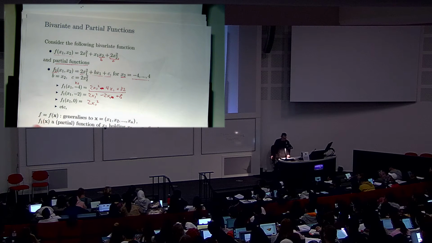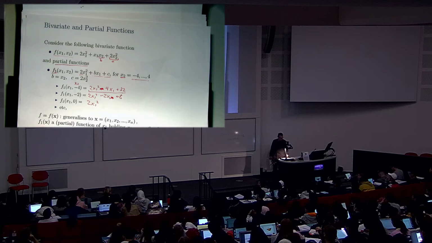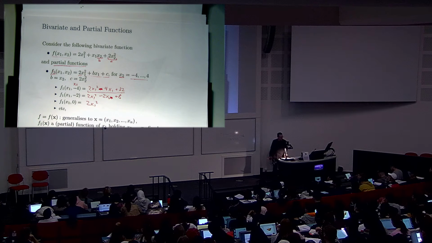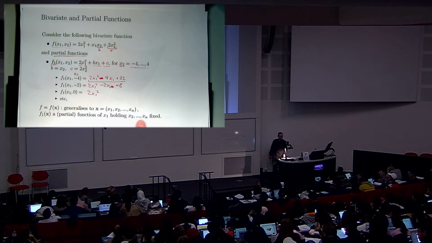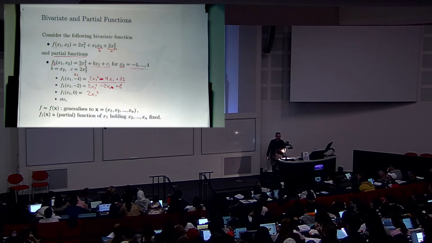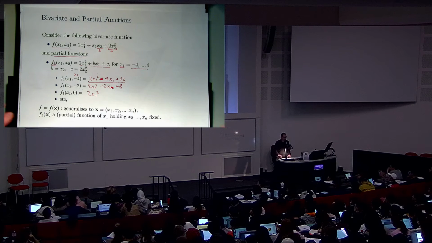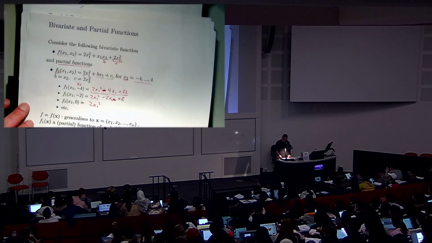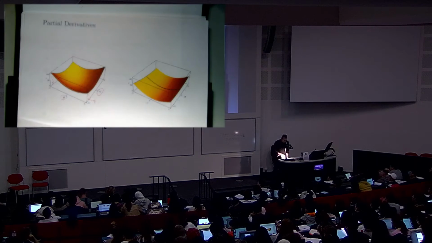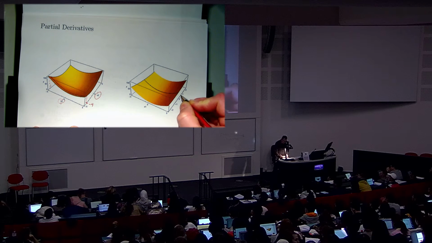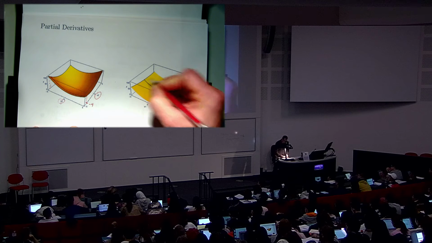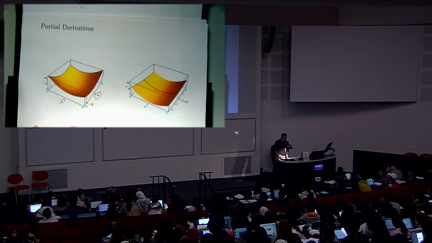Then the partial function f1 would be the function where we leave x1 as a variable, but fix all other variables. We are always leaving one variable as a variable, and we fix everything else. So here, for instance, if we fix x2 equal to 0, then we get this particular partial function.